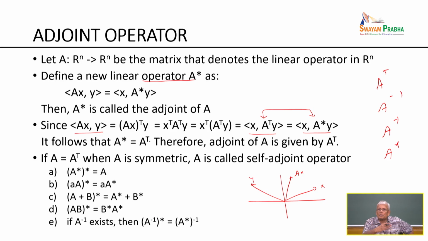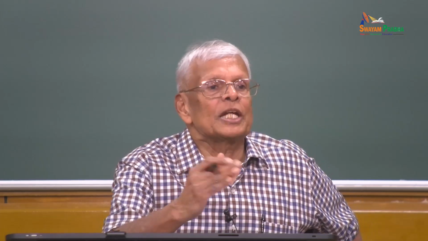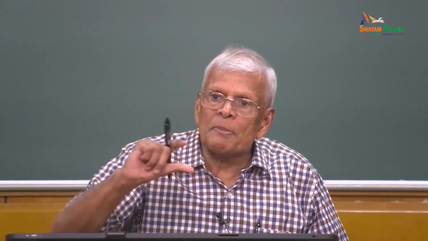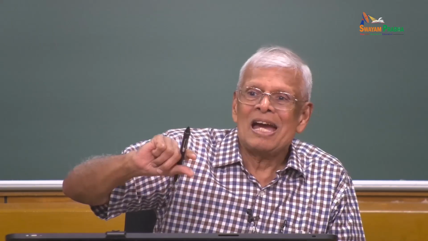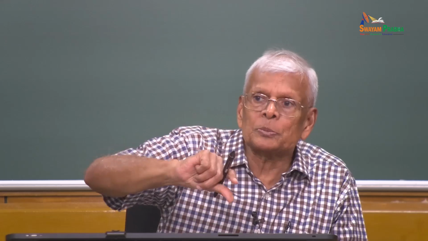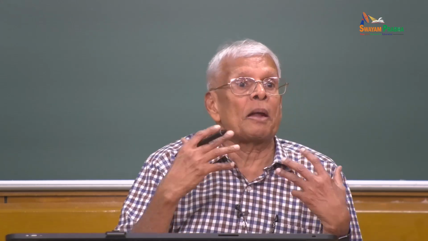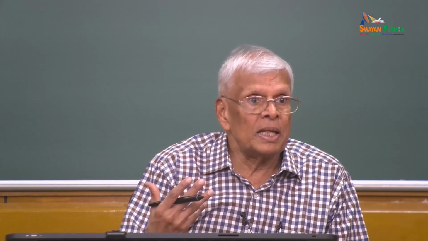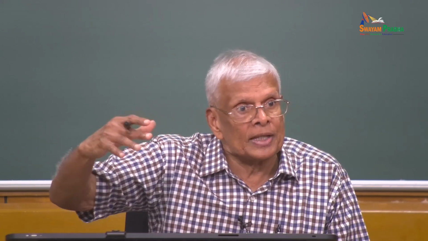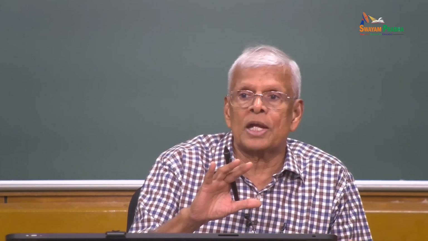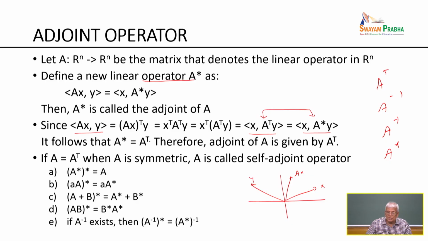You can verify these properties by replacing adjoint by transpose. So in the case of finite dimensional space, adjoint and transpose become equivalent. In the general space, adjoint has a different property. With me? That will take us deeper into other aspects of linear algebra. But for the time being, I want you to understand there is an operation called adjoint, which is equivalent to the transpose.